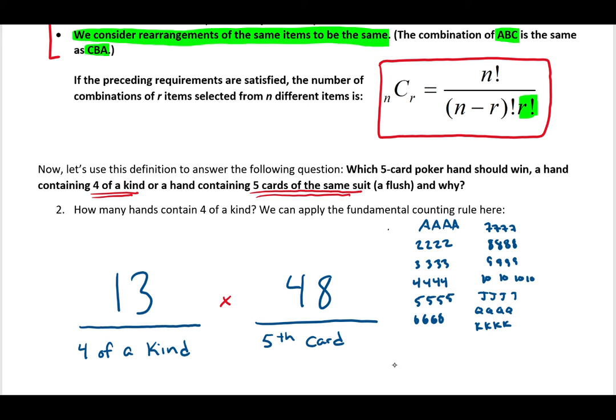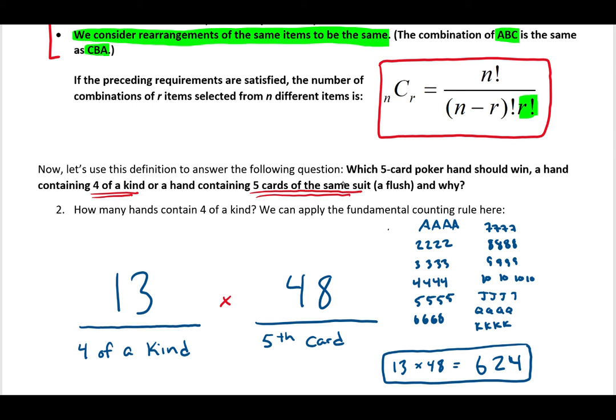Let's do that down here. 13 times 48 equals, and I use a calculator for this. Feel free again to pause the video and just double check my work, but I get 624. So there's 624 different 5-card combinations that have 4 of the same card. Okay, so that's 4 of a kind.